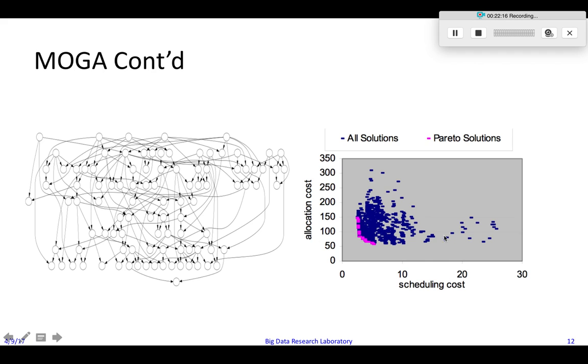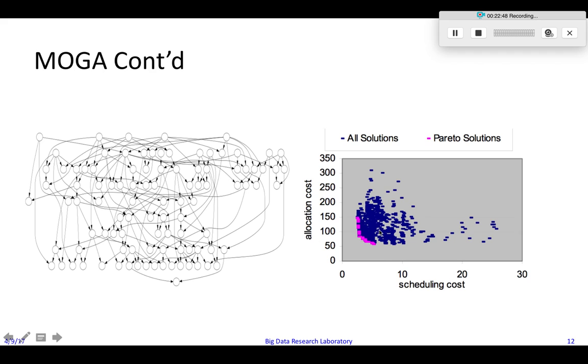And from the right side, we can see that we have more than 1,700 feasible solutions, but we only have more than 40 Pareto solutions. So in this case, we can minimize the solution numbers to the greatest degree.